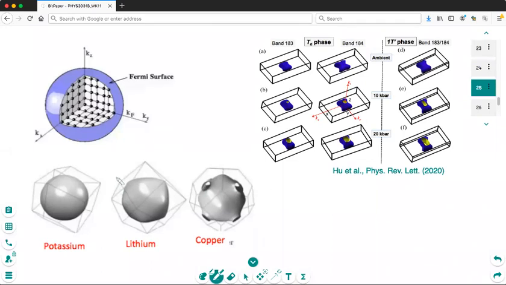For example, the most spherical one is probably sodium, potassium. You get a rather spherical Fermi surface. And don't worry about this kind of box, and how to get the shape of this box. This is, by the way, called the Brillouin zone. This requires some knowledge of crystal structure and the reciprocal space.